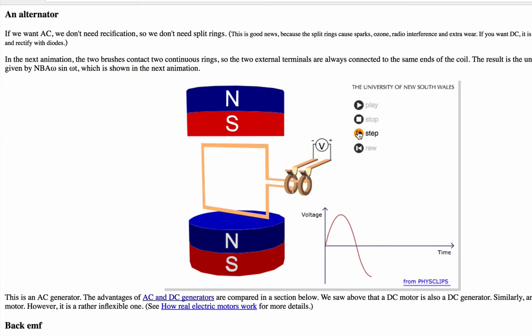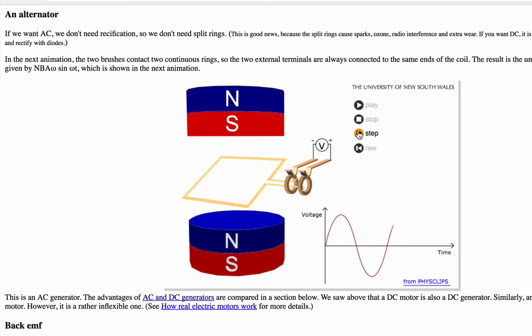Now you can see that when we have the slip rings, so that we are not changing the connections, they're permanent connections, we have our typical AC voltage curve. And again, you can see the relationship between the circular motion of the loop and the sinusoidal shape of the voltage.